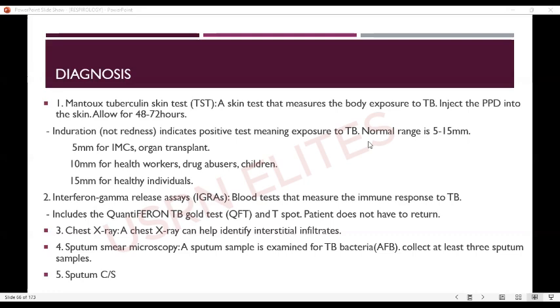So when we inject it, we give an additional 48 to 72 hours for you to be observed, whether it will be 5, 10 or 15 after measuring. When we measure, depending on the situation at hand, we can diagnose it. But the actual fluid is just something small, 0.1 mil. Okay, thank you.